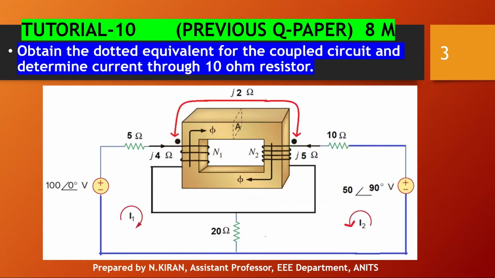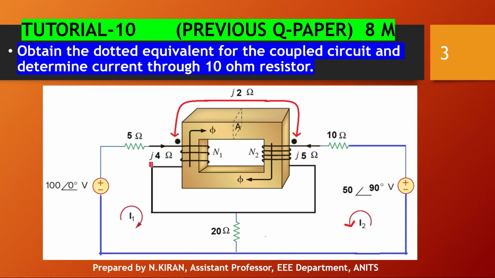For this sum, we are asked to find the dotted equivalent or electrical equivalent of a coupled circuit and determine the current flowing through the 10 ohm resistor. So here, this is the transformer. This is the primary coil, this is the secondary coil.